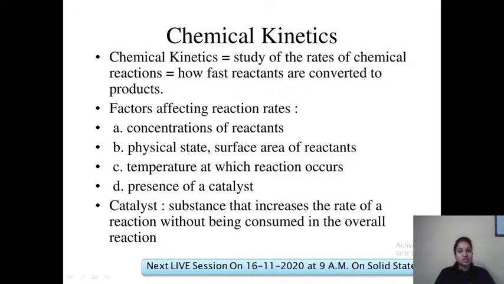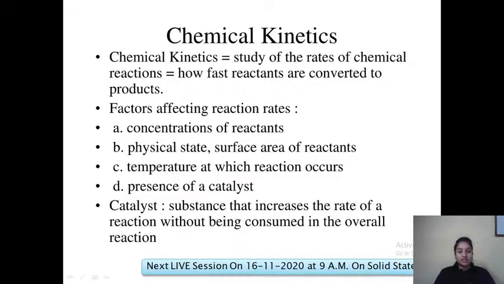Then it also depends on the physical state of the reactant. If you take gaseous, liquid and solid reactants, among these the most easily available reactant for faster reaction is the gaseous molecules. And also, as the surface area of the reactant increases, the rate of the reaction also increases.